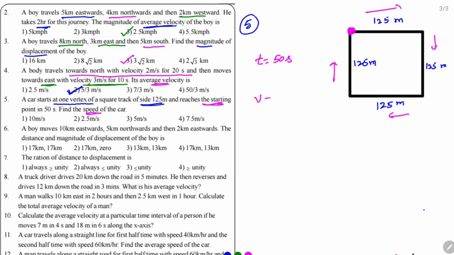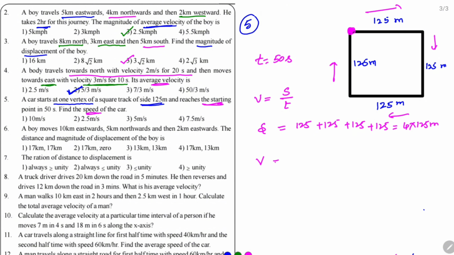So, speed is what? We know speed is total distance over total time. So what is the total distance here? Which is equal to 125 plus 125 plus 125 plus 125, which is 4 times 125 meter, right?